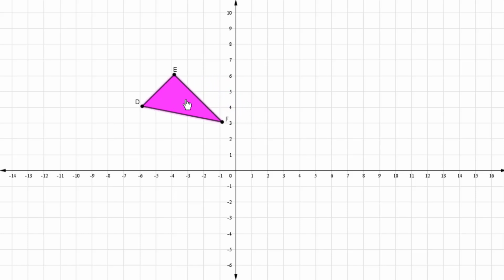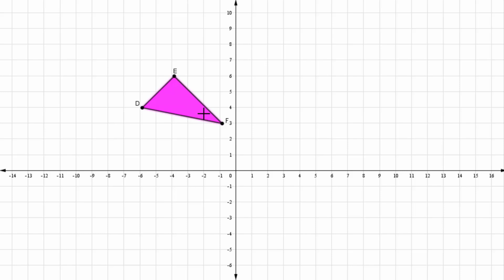Well, each of the points basically moved by the same translation vector. D moved 4 units right, 2 units up, same with E, and the same with F. So, knowing this can allow us to translate figures without even using a graph.